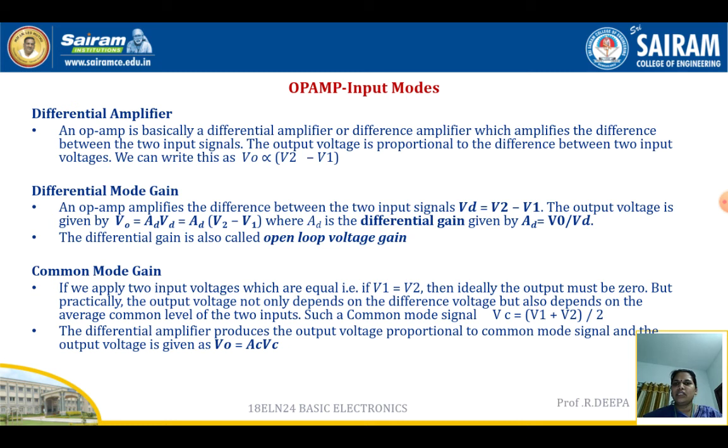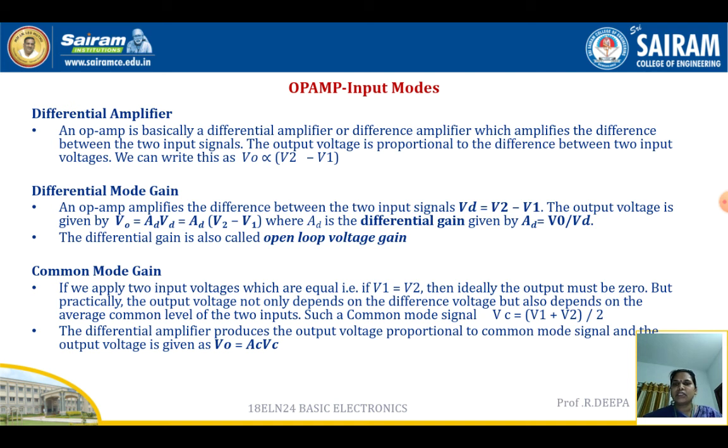You can operate the operational amplifier in two different modes. One is the differential mode and the other one is the common mode. In the differential mode, an op-amp amplifies the difference between the two input signals. So the input voltage will be Vd is equal to V2 minus V1. That way you can write the output voltage V0 as the gain multiplied by the difference in the input voltages.